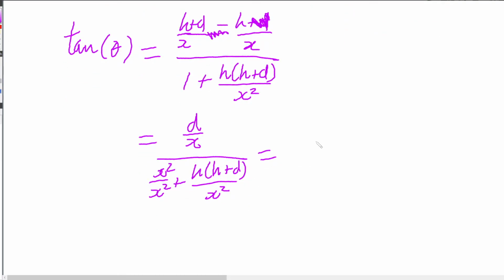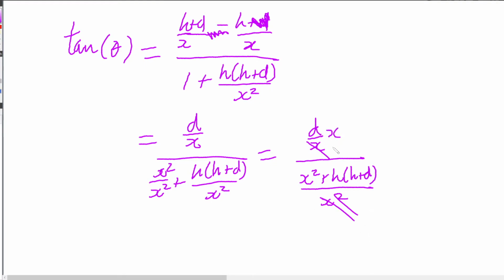And to merge the two fractions in the bottom, you get x squared plus h plus d over x squared, and multiply the numerator and the denominator by x, to get d over x squared plus h plus d over x, multiplying by x over x again to get another factor of x on the numerator and remove the x squared from the denominator.